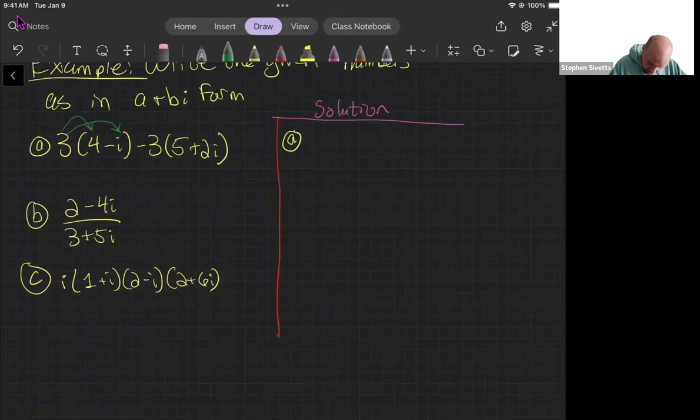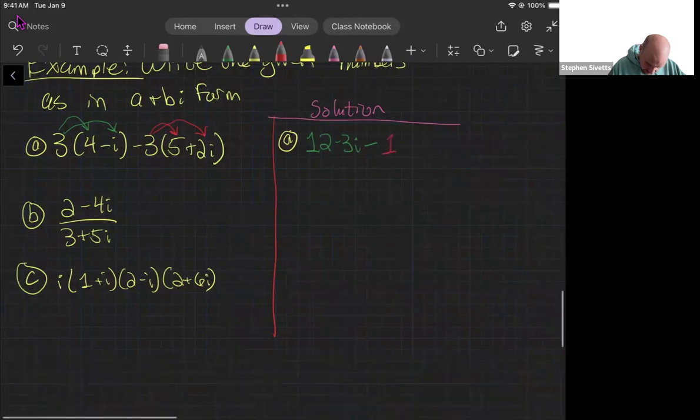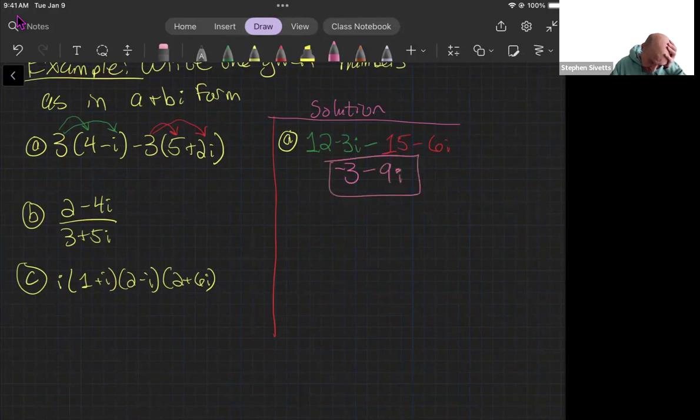So the first component would be 12 minus 3i, minus 3 times 5, and then minus 3 times 2i, right? So it'll be minus 15 minus 6i, okay? Then just combine like terms. 12 minus 15, that's negative 3. And then minus 3i minus 6i, that's minus 9i. Minus 3 minus 9i, okay?